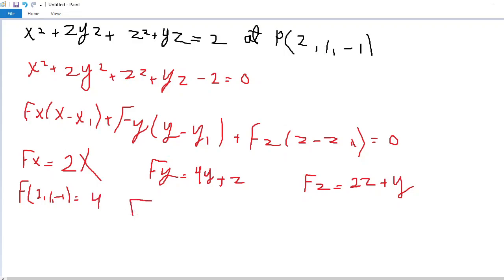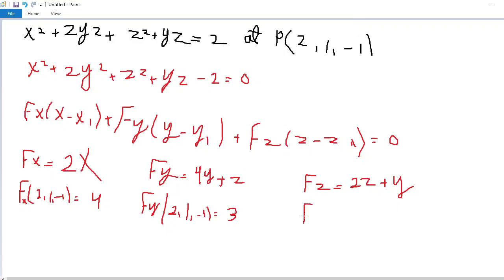The second step, here we have fy at (2, 1, negative 1), equal to 4 times 1, 4, plus negative 1, which is going to be 3. Is that correct or not? 4 times y, 1, plus negative 1. Yeah, it's going to be 3.